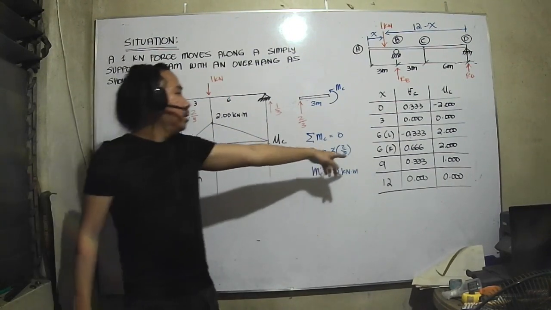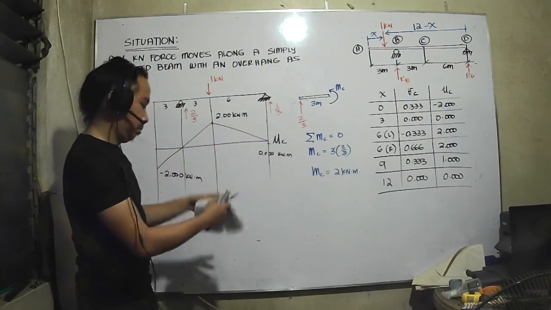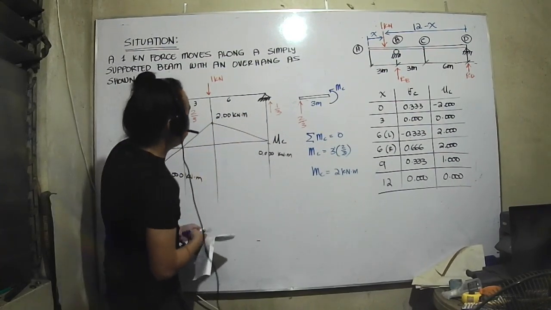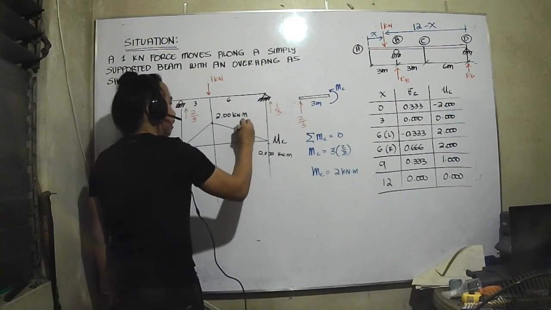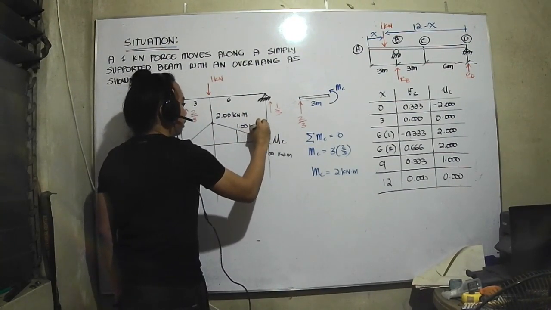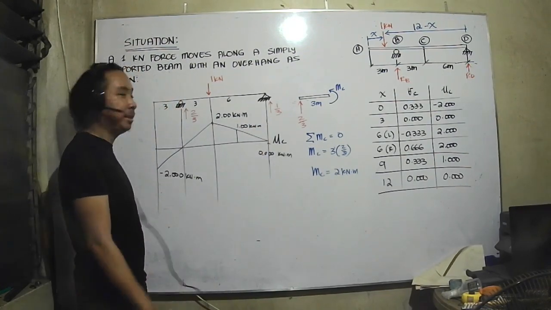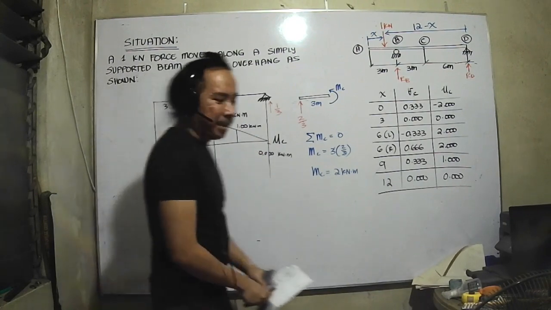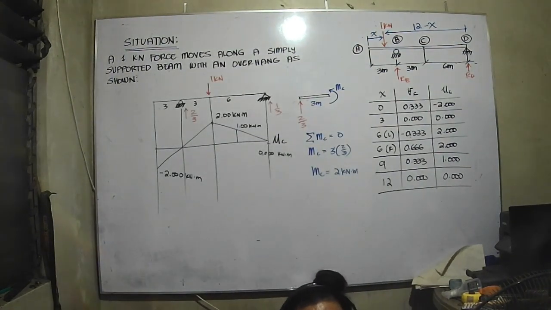Kung moment 9 dayon kay 1, ba? Ratio and proportion lang din ka pag solve nimo. Pila mo na siya? 1 kilonewton meter. Sakto gihapon.